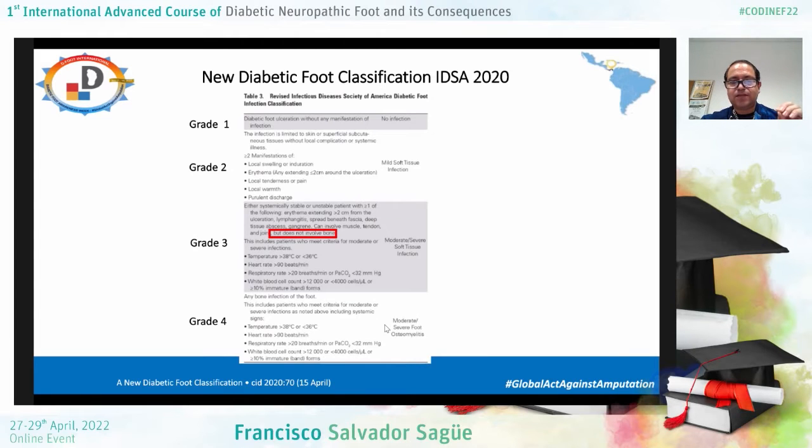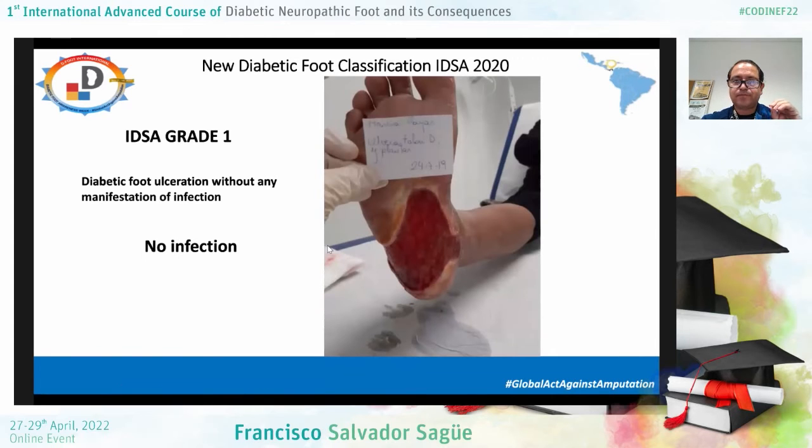Grade 3 does not include bone. Grade 4, any bone infection of the foot. This is important. Grade 1, diabetic foot ulceration without any manifestation of infection, no infection.